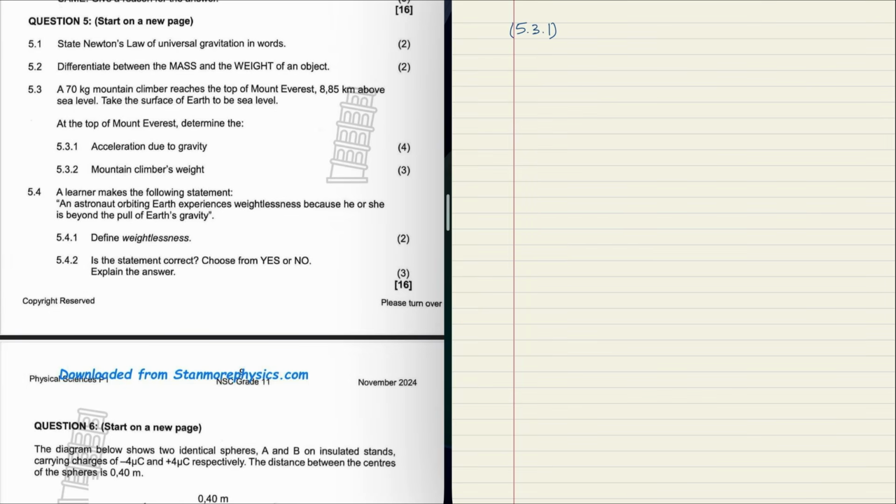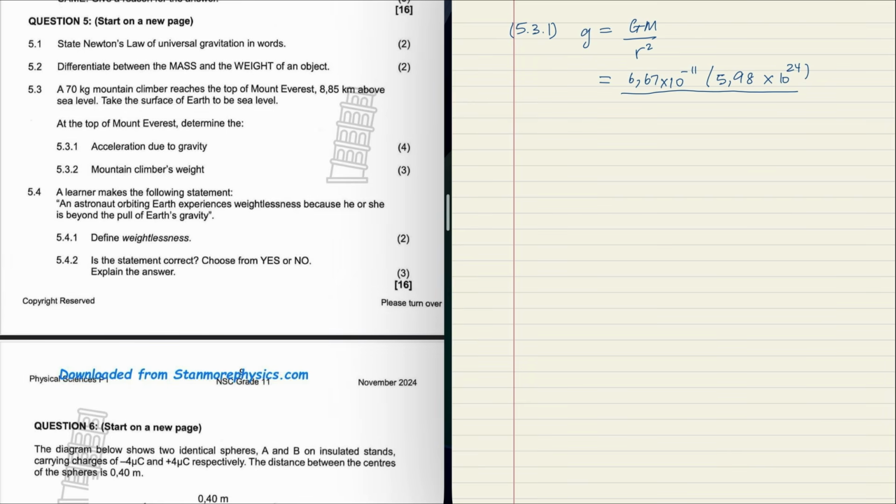5.3.1 g is equal to GM divided by r squared. G is 6,67 times 10 to the power minus 11. The mass of the earth is 5,98 times 10 to the power 24. That's in our data sheet.